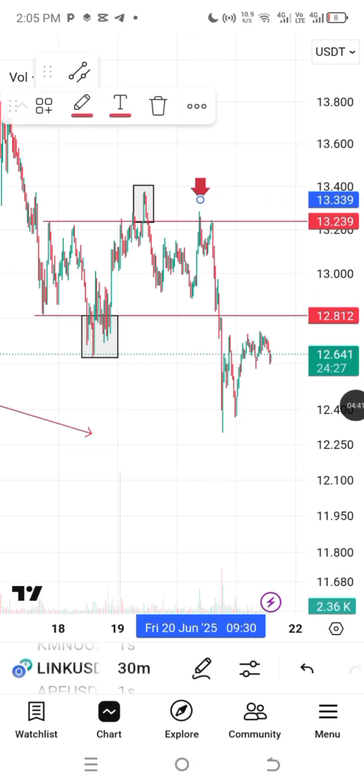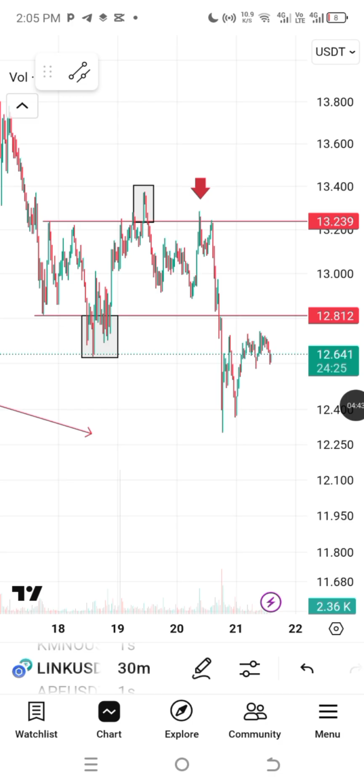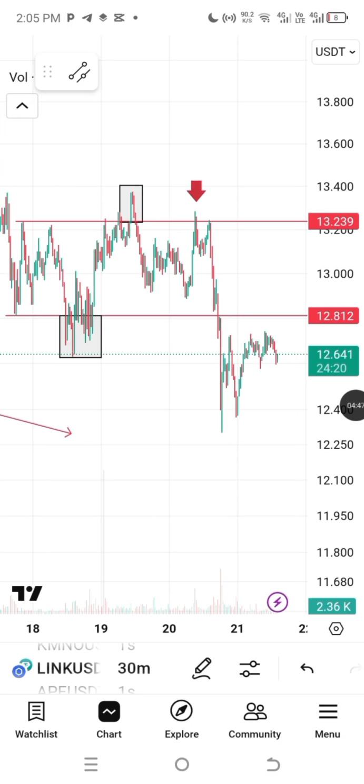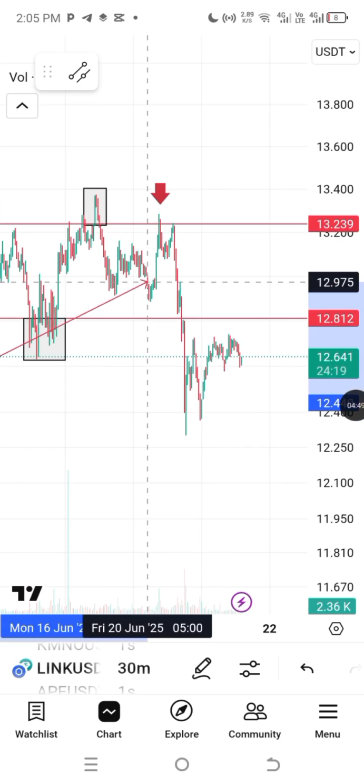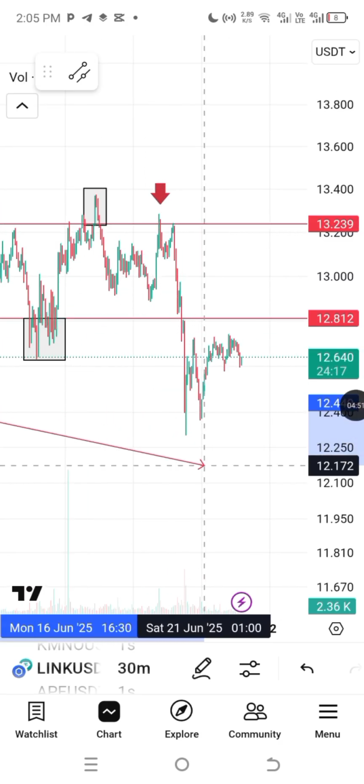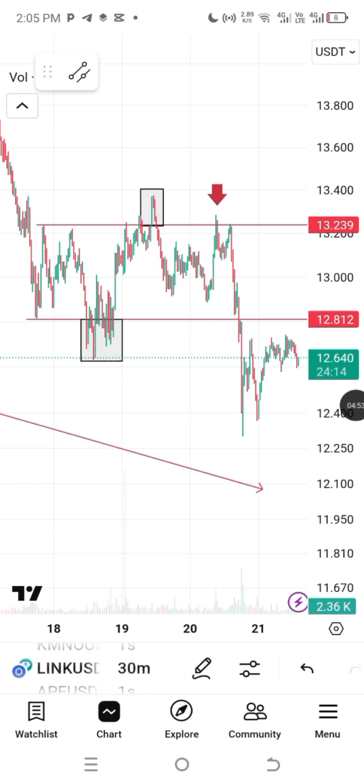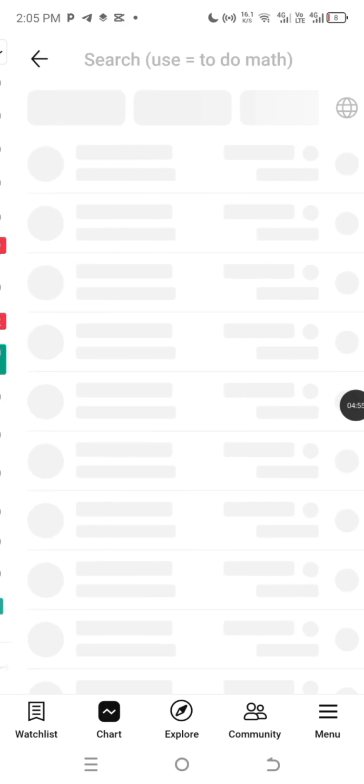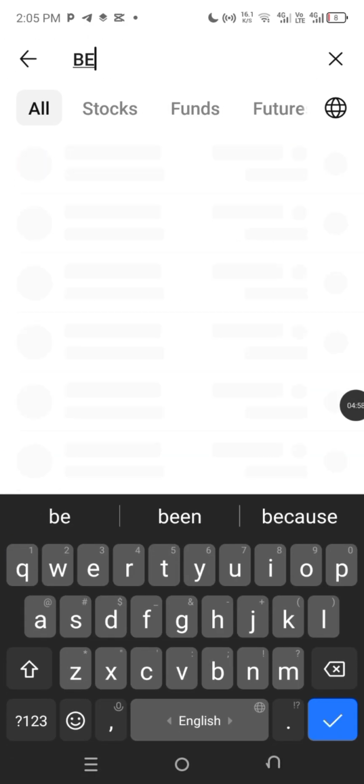Then the price came back here. Price mitigated and we just fell off. We fell off from here all the way down. Now I'll show you another example, so you know this is for real.